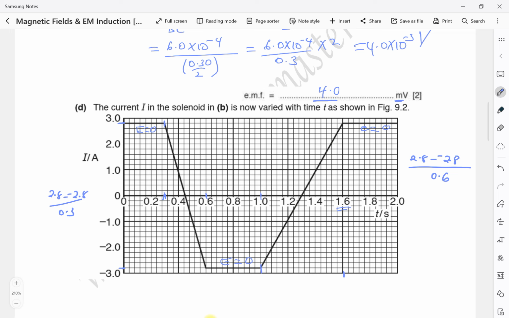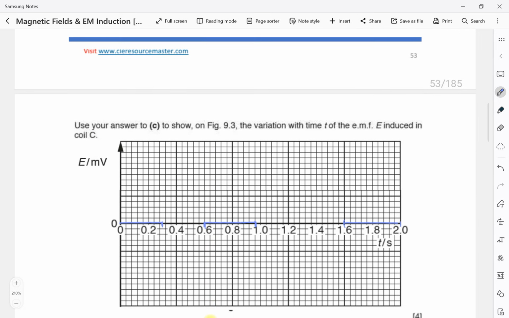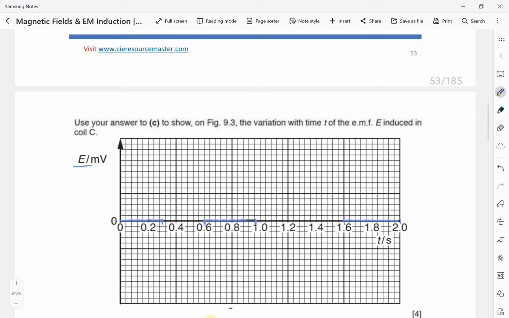And remember, EMF is directly proportional to the gradient. So if the EMF represented on the left-hand side is 4.0, the EMF represented on the right-hand side is going to be half of 4.0, because EMF is directly proportional to the rate of change of magnetic flux linkage. Since they didn't give us values for E, I'll just use the number of squares.